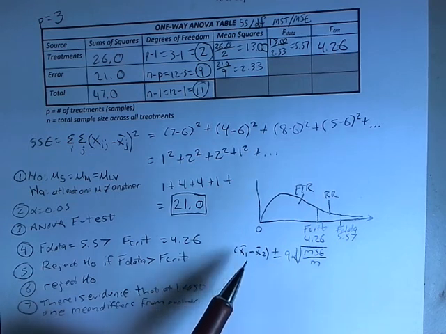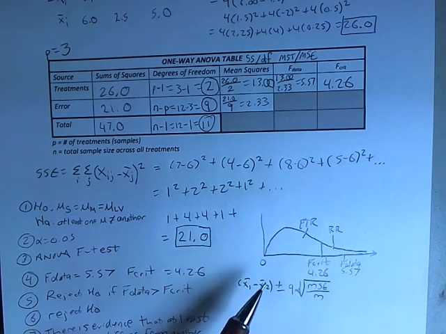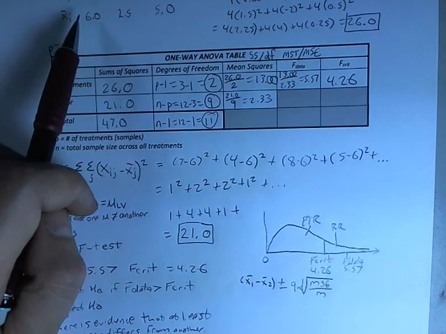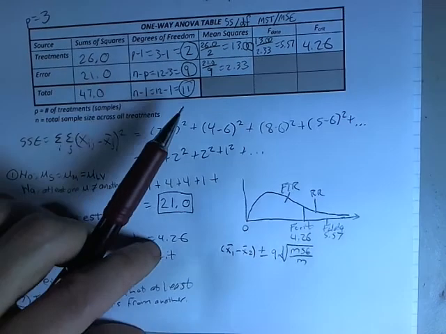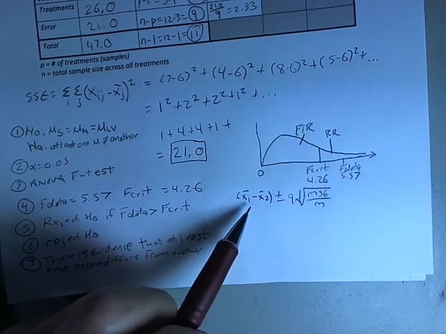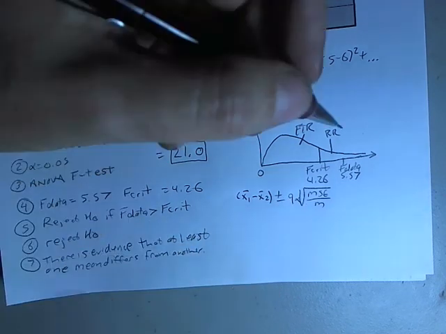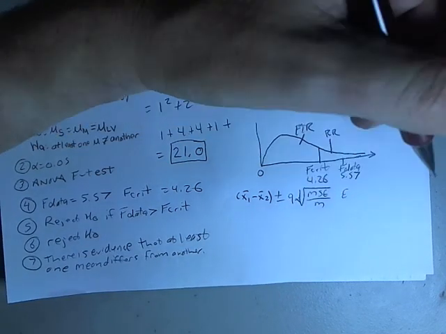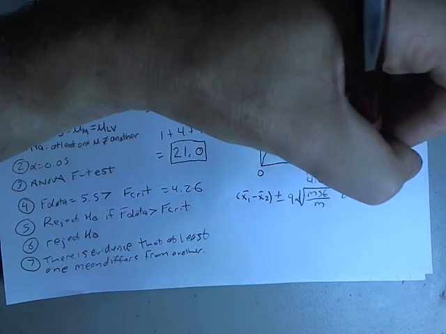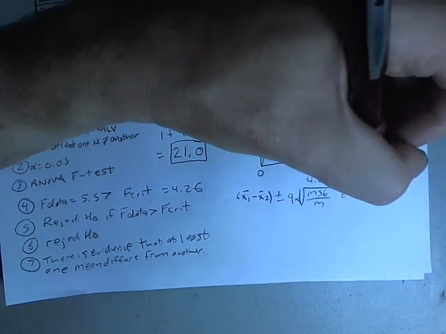We're going to take the difference in sample means, so those are available from the summary stats that we computed earlier, and we're going to compute the difference and put a corresponding margin of error on it, and that margin of error is going to be Q alpha multiplied by the square root of MSE divided by m.